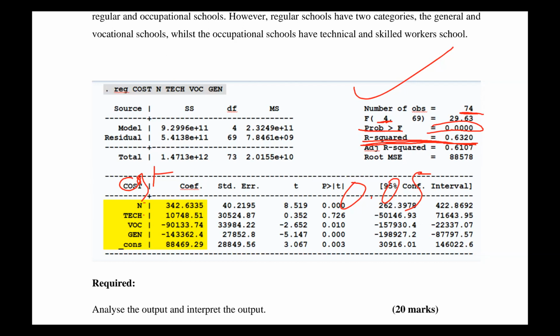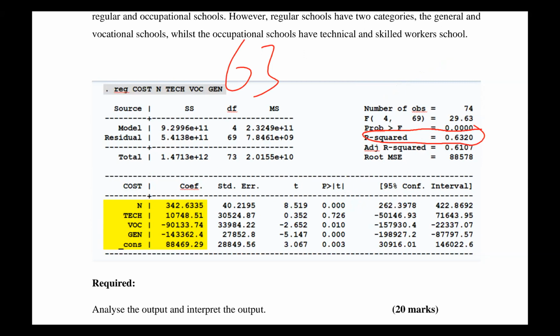In the case of this question, the R squared is what? It is 0.6320, right? Multiplying this by 100, what do you have? 63%, isn't it? Yes.